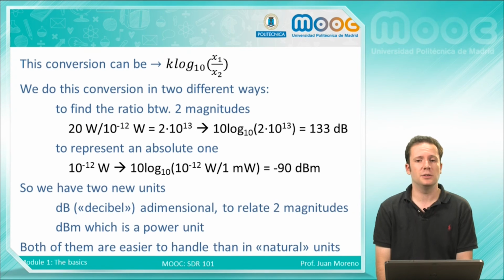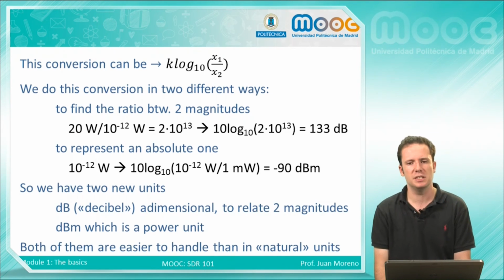We calculate the ratio between these two magnitudes. We take the logarithm, the decimal logarithm, and also we multiply the result by a constant. So you have there an example. 20 watts divided by 1 trillionth of a watt, it's 20 trillion times bigger the transmitted signal than the received signal.